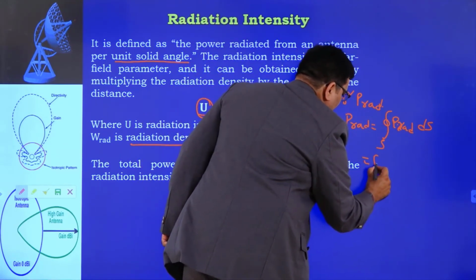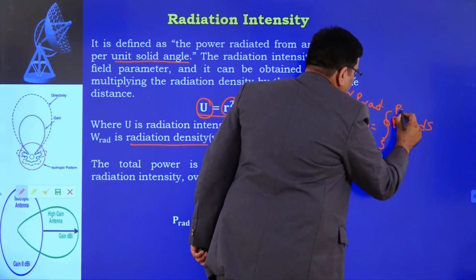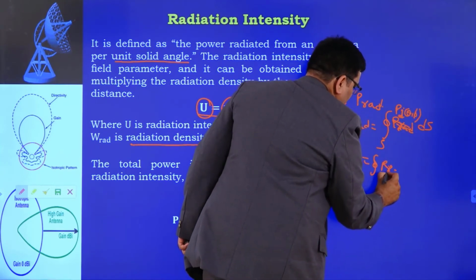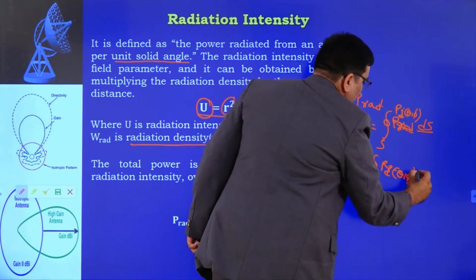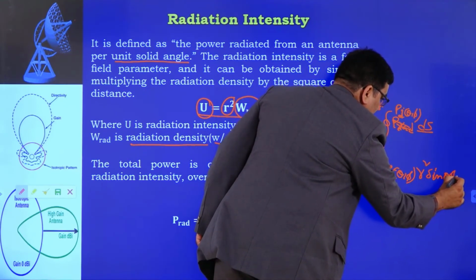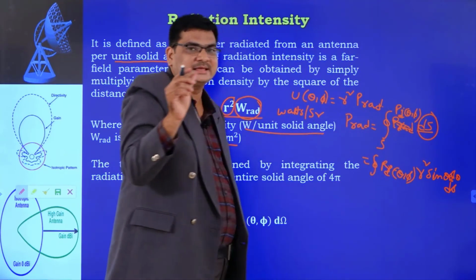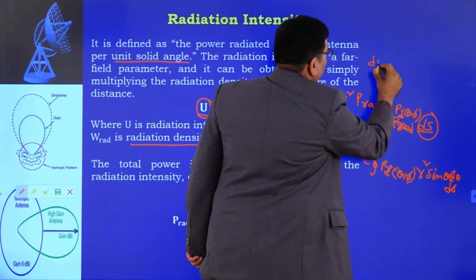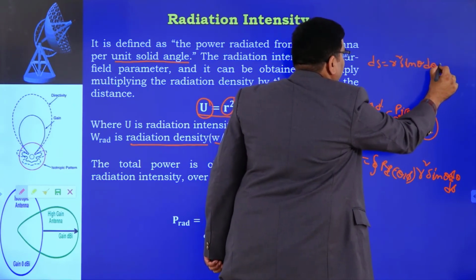We know PD of theta comma phi, and we know dS is equal to r square sin theta d theta d phi. We are taking a small piece of area, where dS is equal to r square sin theta d theta d phi.